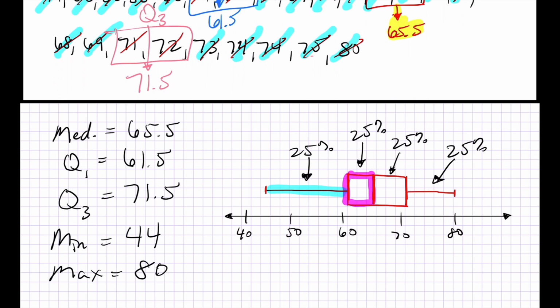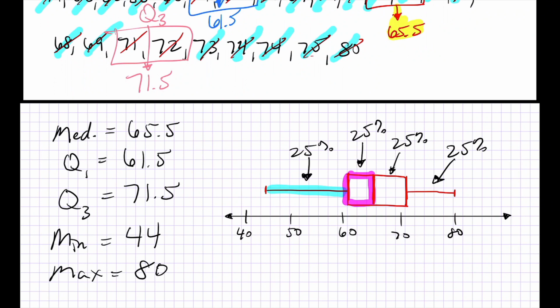What's causing that? Not the outlier. So in other words, this is this width. The blue is that width. The pink is only this width. Less than half, right? Why is this width a lot smaller than this width over here?